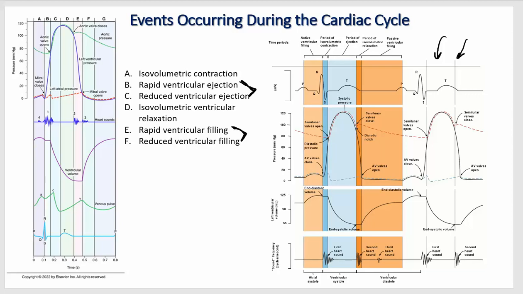So we have the P wave depolarization, and then you have systolic pressure. So this should be the pressure from contraction. Yeah, so this is contraction of the atria, or the ventricles, the big one.